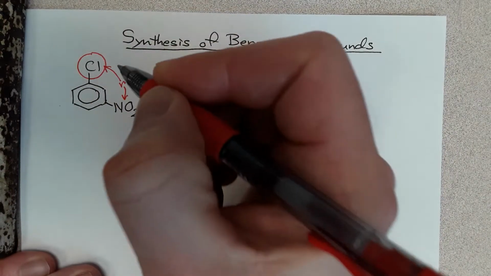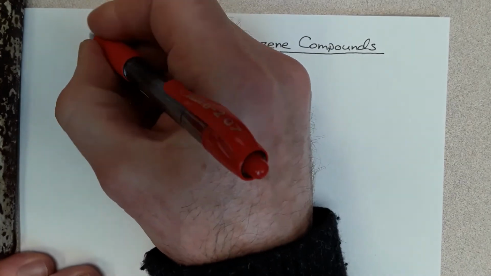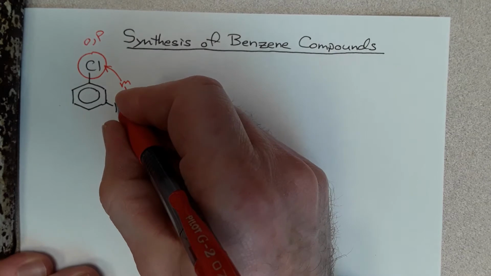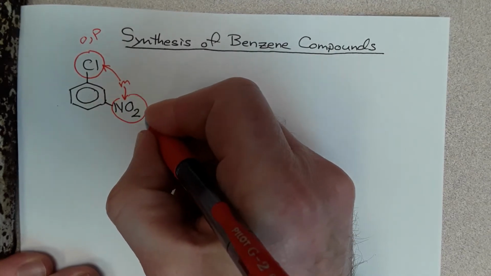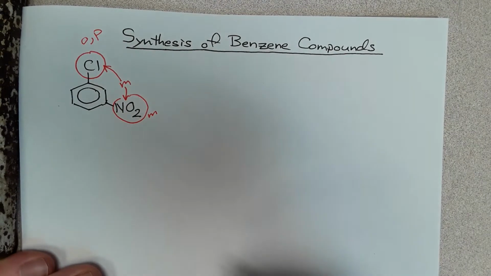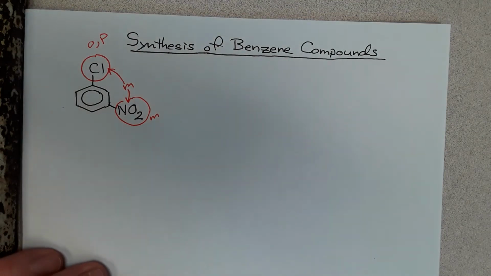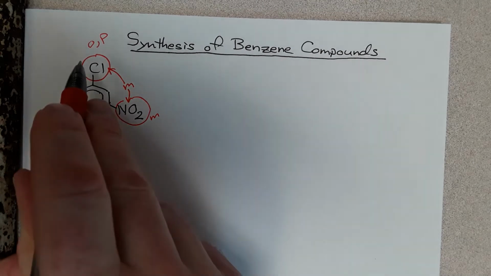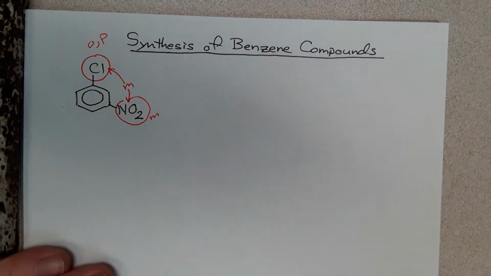So this chlorine right here is an ortho-para director, and the nitro group is a meta director. So we're going to have to add this nitro group first and then add the chlorine second.